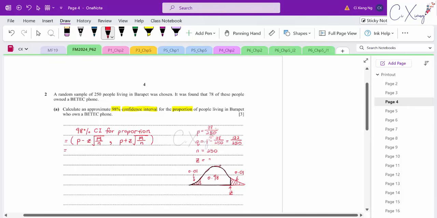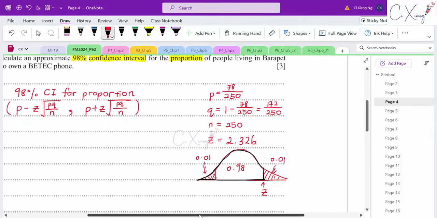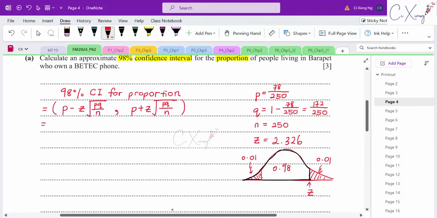Right, so we go back to our question here. My Z is 2.326. All right, so let us plug in all the values inside the formula. What we have here is 78 over 250. For me, I didn't simplify it. If you want, you can simplify first before you substitute inside.